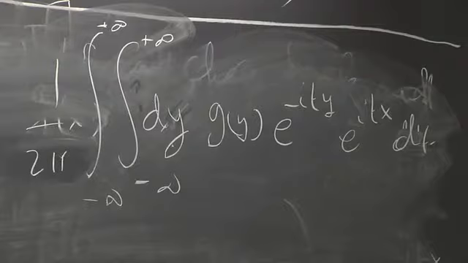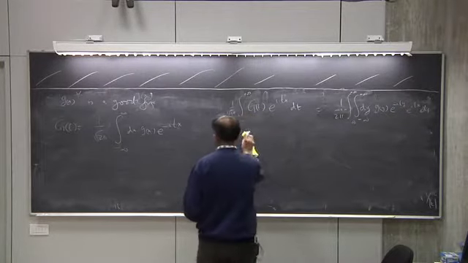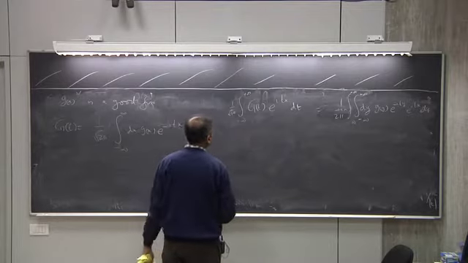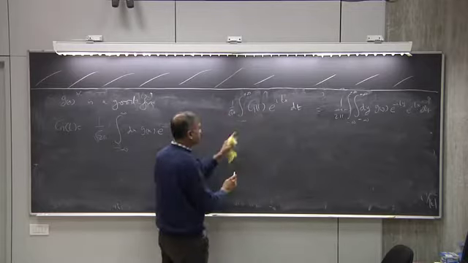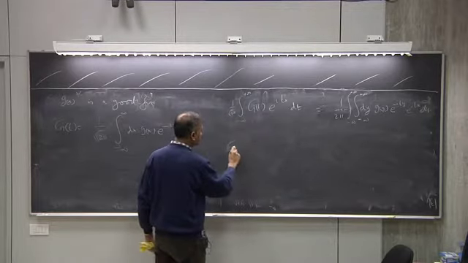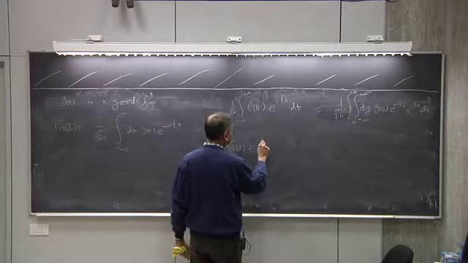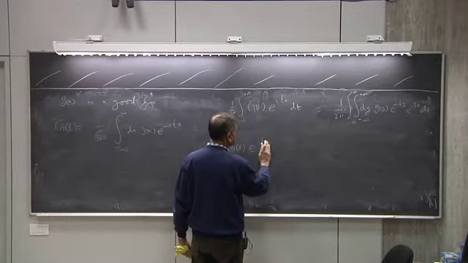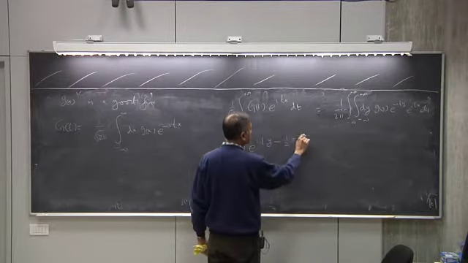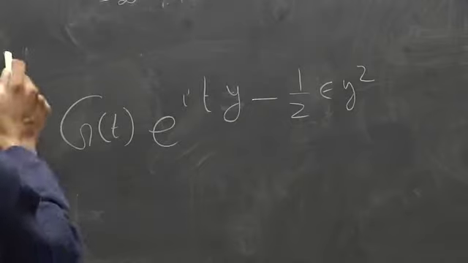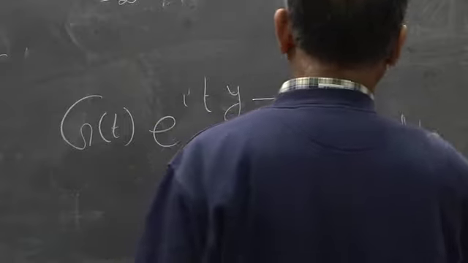Actually, let me do the following. Instead of considering this, so here this is what I have to prove, right? But instead of directly proving this, let me try to prove the following statement. Let's define something like this, with e to the minus one half epsilon t squared, integral dt.